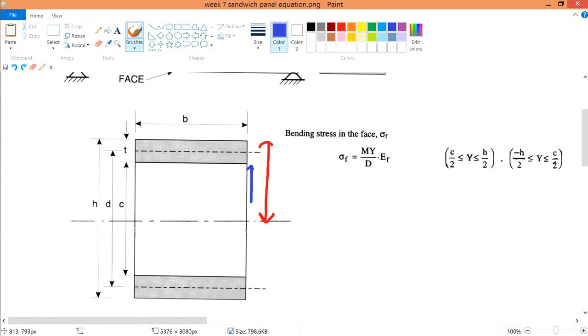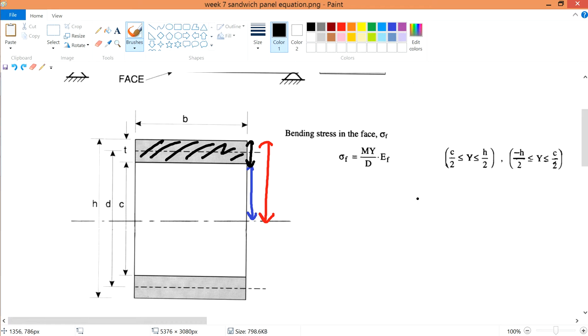So your y is in between your h over 2 and c over 2. It is this region over here, which is your face. This is for your top part. If you want to calculate your top part, you'll use this equation, with this interval.